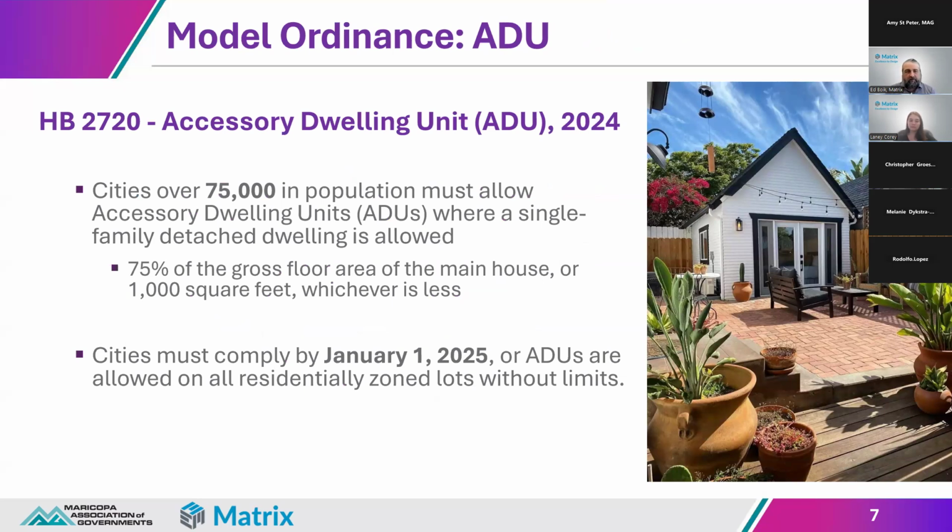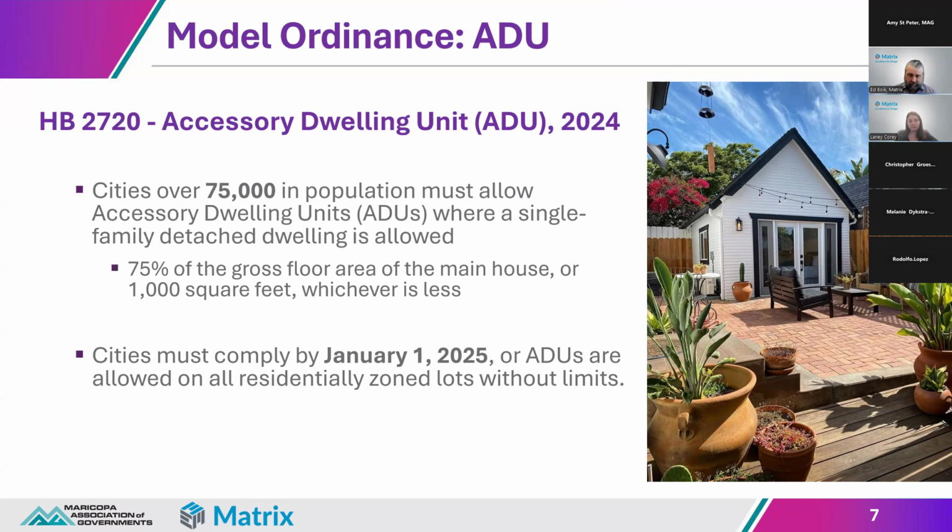Again, cities over 75,000 have to allow for these ADUs anywhere a single family detached home is allowed. The ADUs do have some regulations associated, one of which is 75% of the gross floor area of the main house, or 1,000 square feet, is the limit. So essentially 1,000 square feet has to be allowed by right for an ADU.